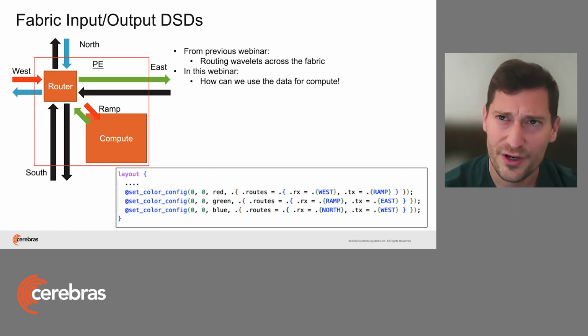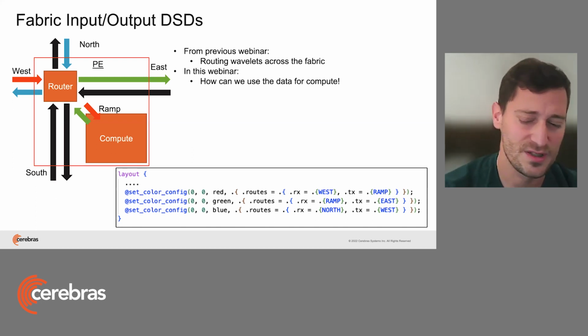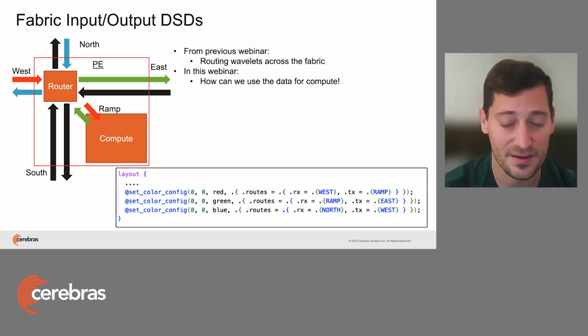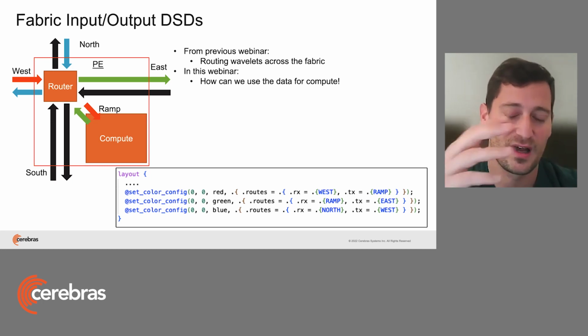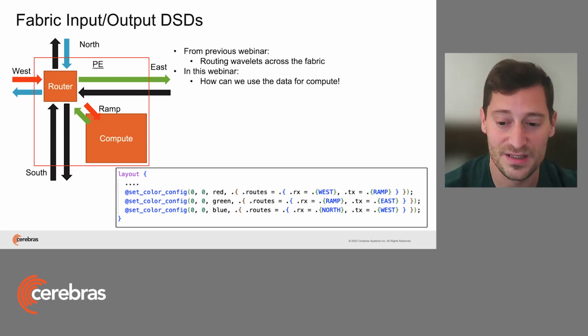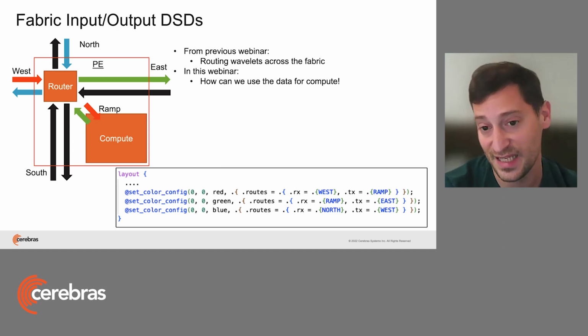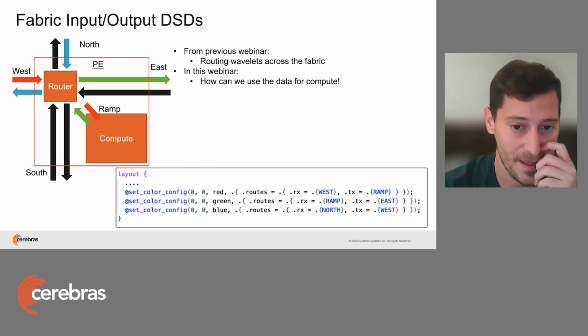The term color here, you can think of it as communication ports. So you will see that term many times in CSL, but you can think of it as communication ports. So we can set up these communication ports to let wavelets data flow through the fabric.